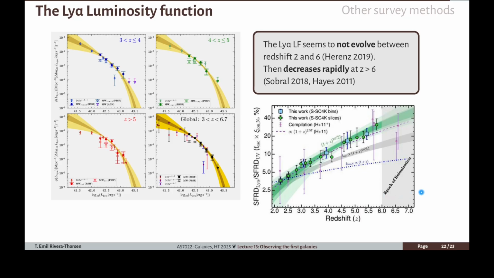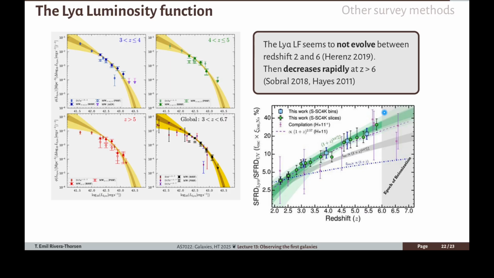Or rather, I should say, this is not exactly where it changed. This is the end of the period that we call the epoch of reionization, which started much earlier, around redshift 20. But this is when the cosmic percentage of hydrogen atoms that were ionized got so high that the universe became transparent to Lyman alpha lines, which is like 1 in 1,000 neutral atoms that you can have.